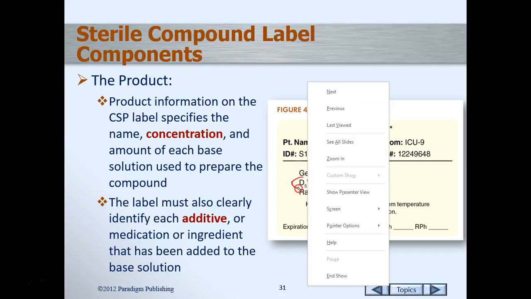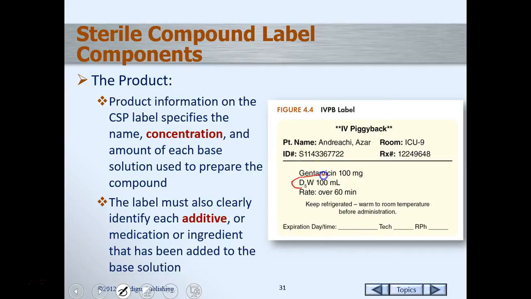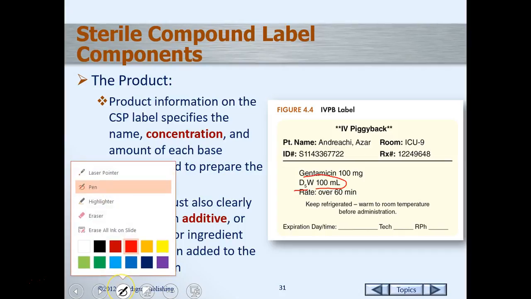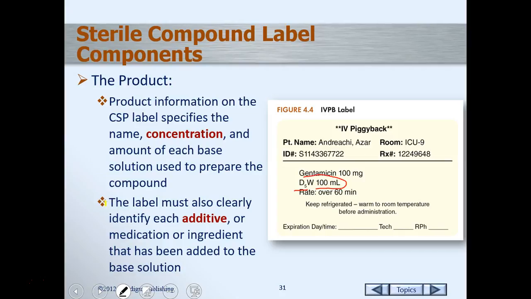Dextrose, 5% water, 100 milliliters. So our concentration is the 5%, and the amount of the base that we're using is 100 milliliters. Now, let me do a highlighter for this one. The additive.